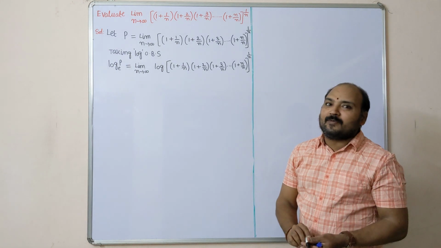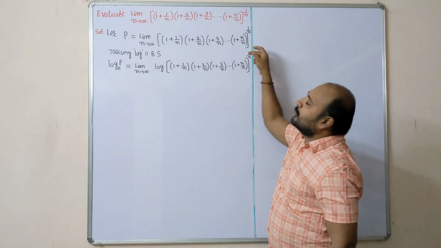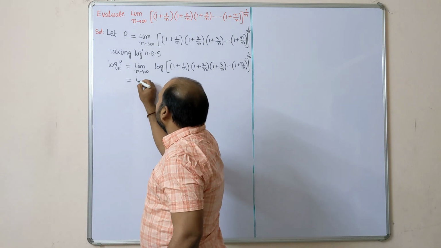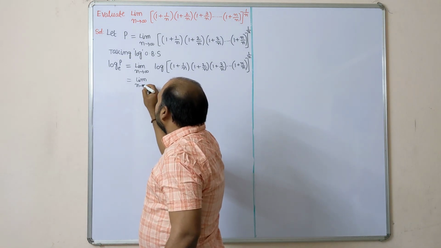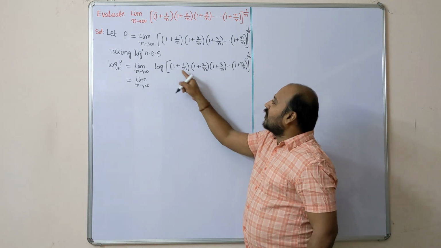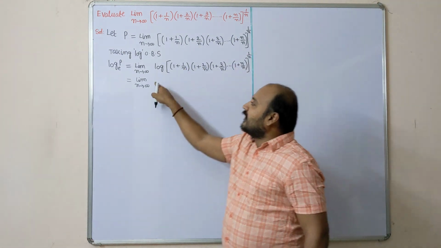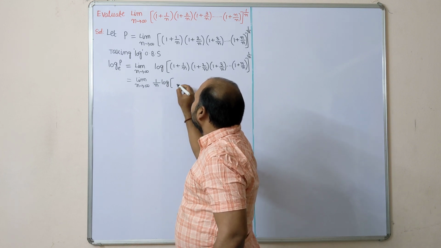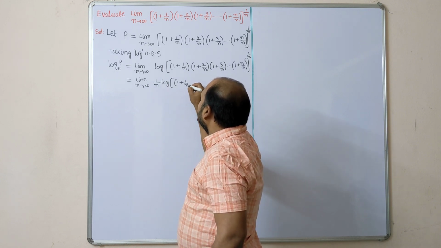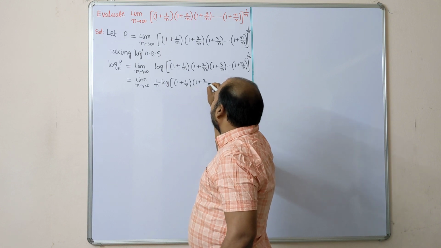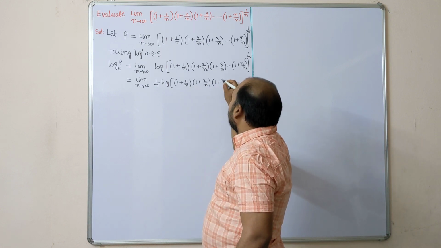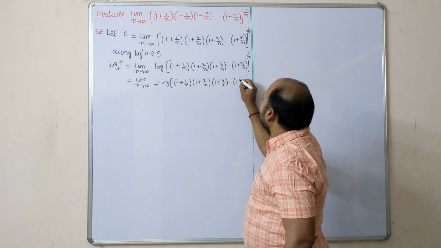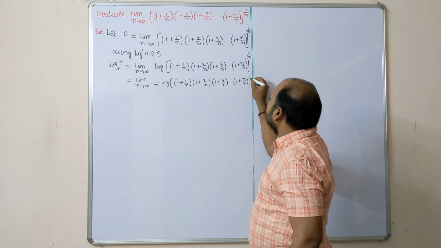In logarithms, one property: log a power m means what? m into log a. By applying the logarithm property, that m will become 1 by n here. So limit n tends to infinity 1 by n log of (1 plus 1 by n) into (1 plus 2 by n) into (1 plus 3 by n), and so on, (1 plus n by n).